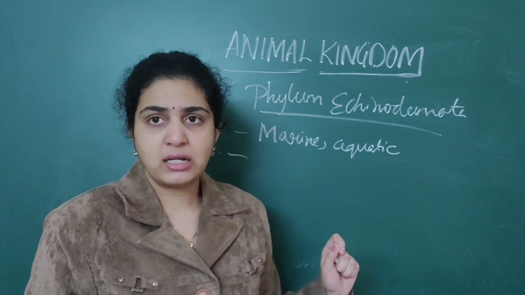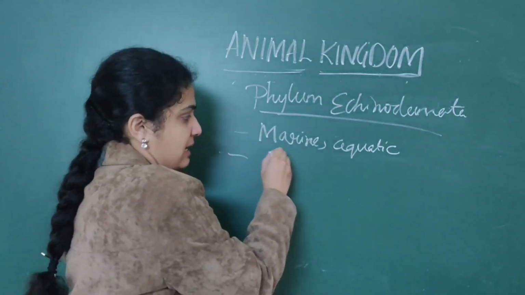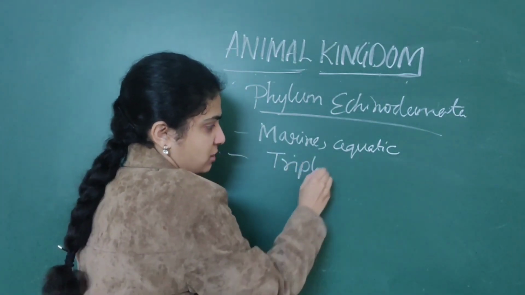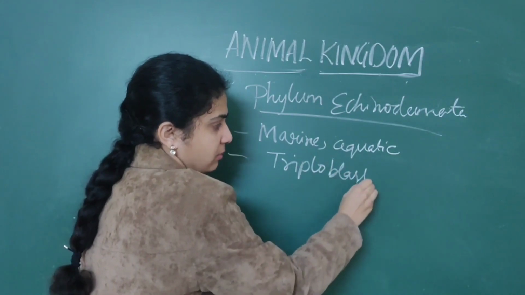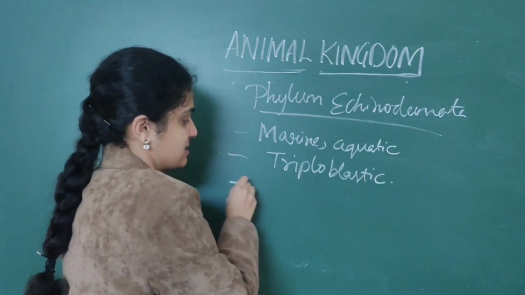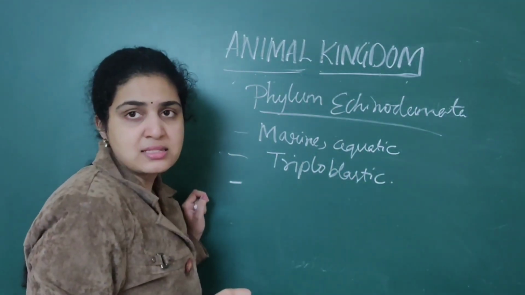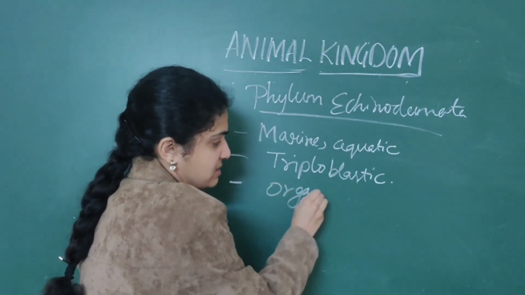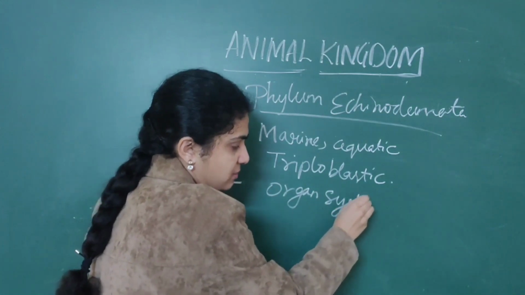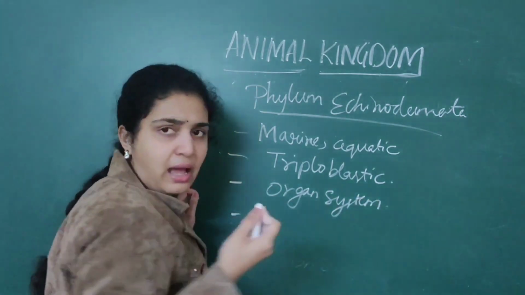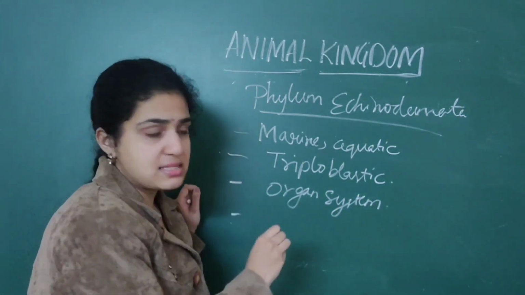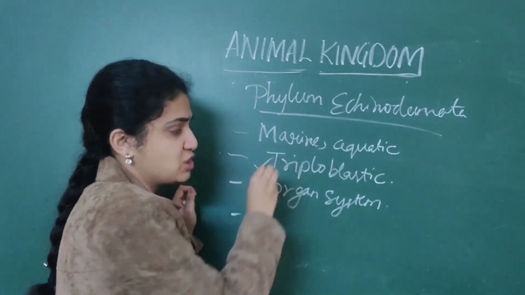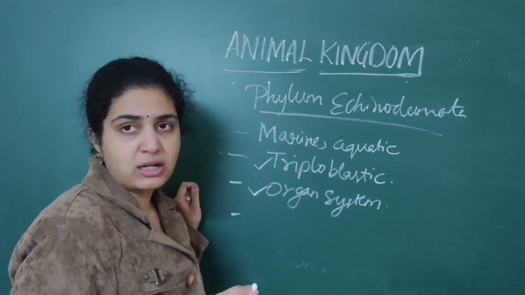Another important point is that they exhibit triploblastic nature and organ system level of organization. I have told you that from Platyhelminthes onwards everything exhibits triploblastic nature and organ system level of organization.